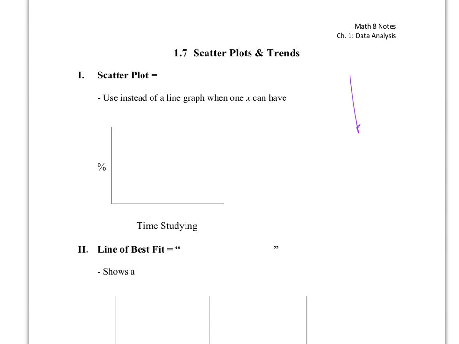A line plot, for example, could be like dogs, cats, and chipmunks, and you want to make a line plot of how many people had each at home.